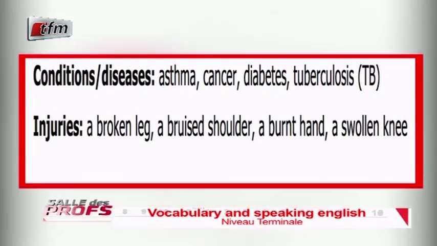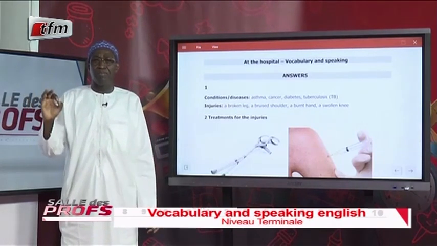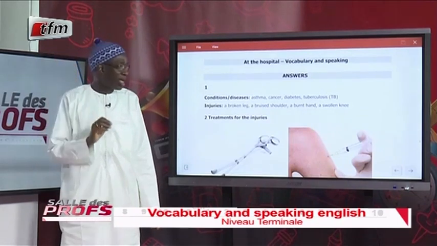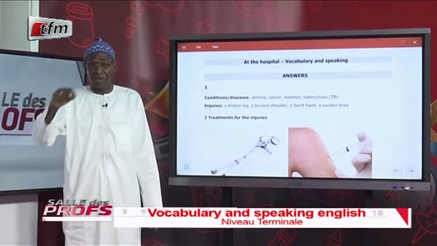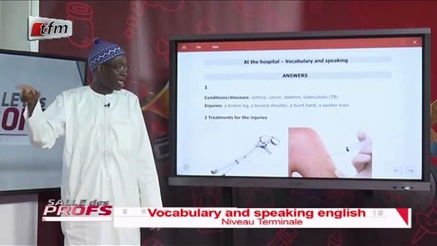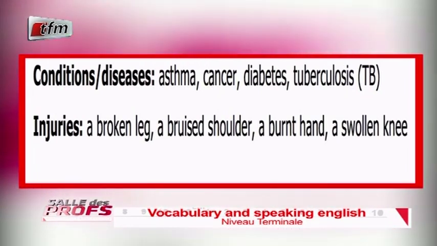And then you have injuries. So you have a verb, to be injured, and then you have an injury, Y at the singular, and the plural gives IES. So a broken leg is an injury. A bruised shoulder is an injury.